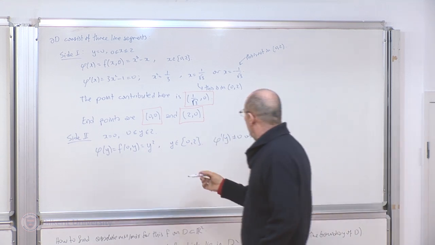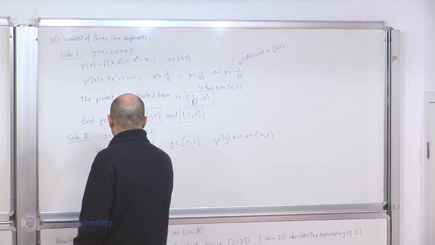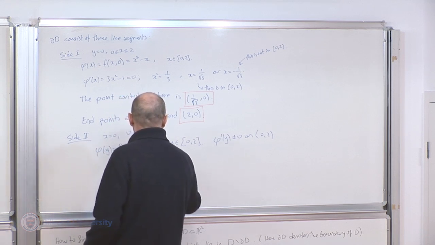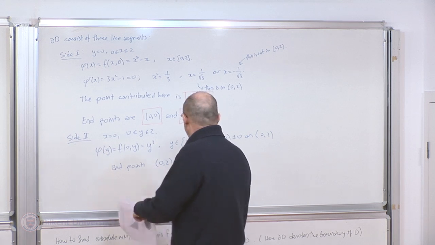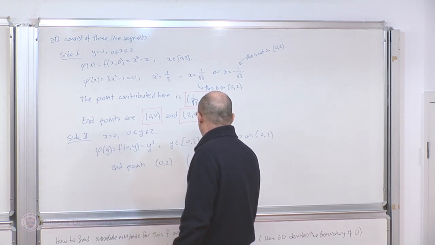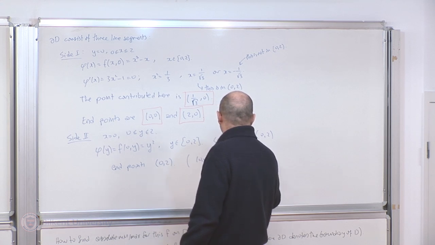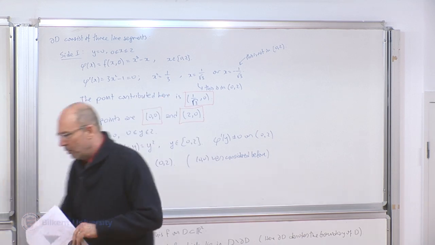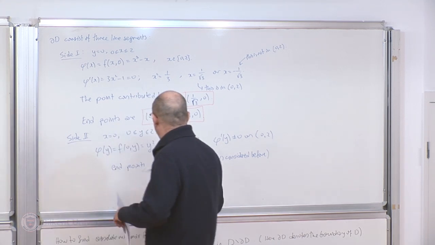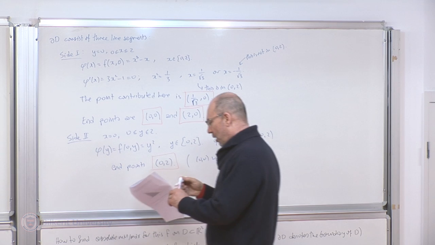So the new endpoint is (0, 2). I make a remark here: (0, 0) was considered before and already added to the list. Okay, so this is our new point.